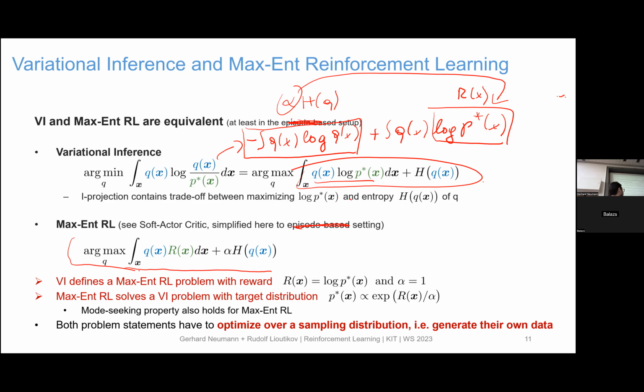Policy gradient, I typically use it if I don't know R, but I can evaluate R. So I can basically ask the function R, what is the value? But for example, I don't know the structure of R, I cannot compute derivatives or something like that. And for the reparameterization trick, I have to know R because I need to know the derivatives. But if I know the derivatives, the reparameterization trick is much more efficient because you get better gradient estimates with less variance.